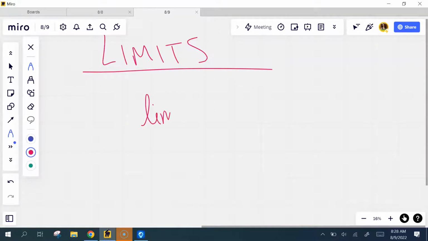So let's say I have the limit as x approaches 2 of, we'll just do something easy to start with, x plus 3 as my function. That says, what y value does the equation get close to as x gets closer and closer to 2? Do y'all remember that?